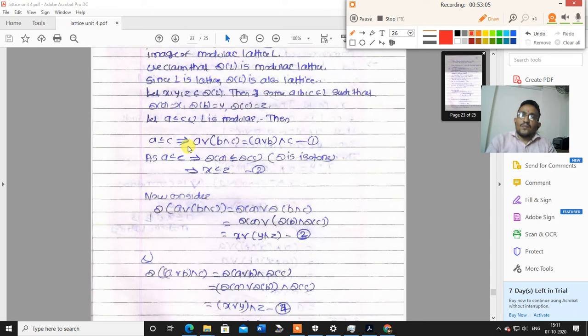Now consider equation 1. Theta is a well defined function, so whenever elements are equal, their images are also equal. Therefore we take the image of equation 1.